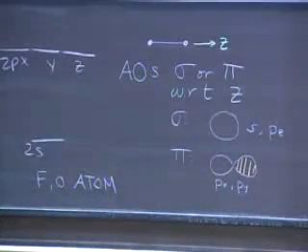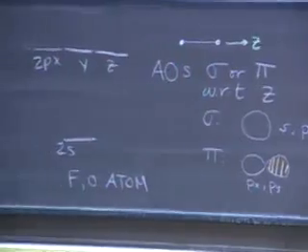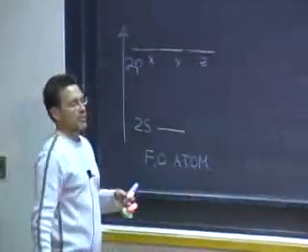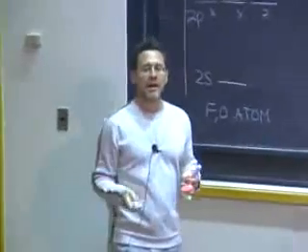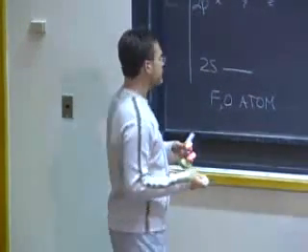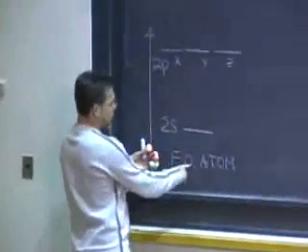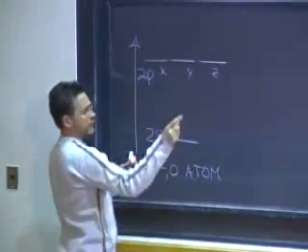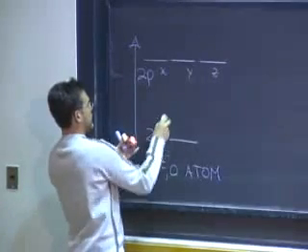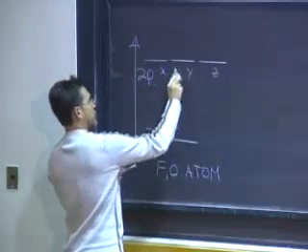So what I can say right away is that we can separate out the molecular orbitals that we're going to form from these atomic orbitals into their sigma or pi characteristics relative to the z-axis. And because we're in the O or F atom case, very far on the right-hand side of the periodic table, we have a large gap. This gap is large.